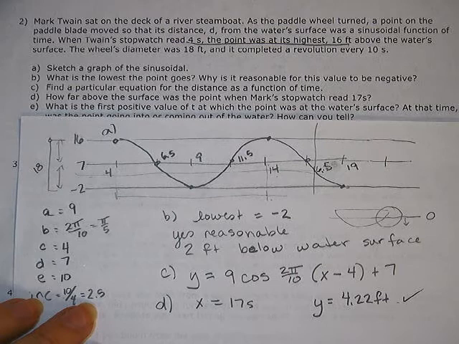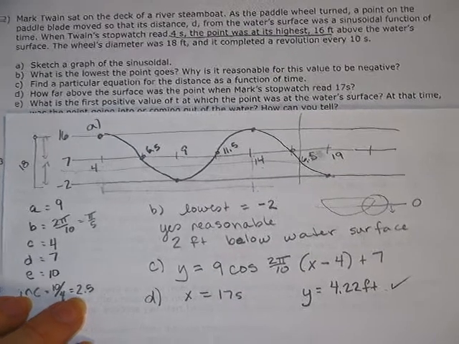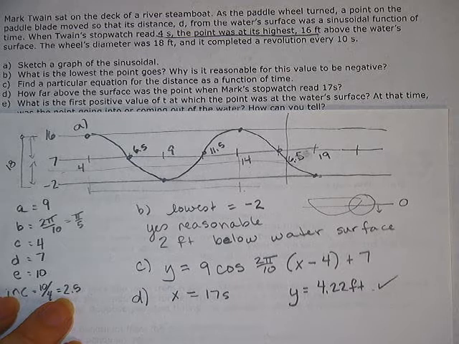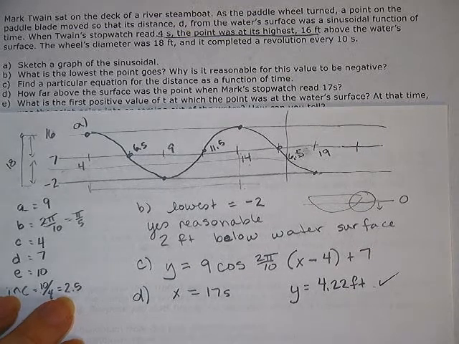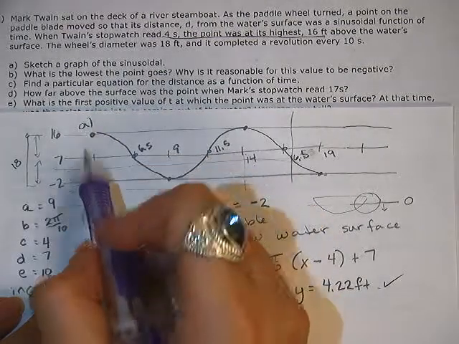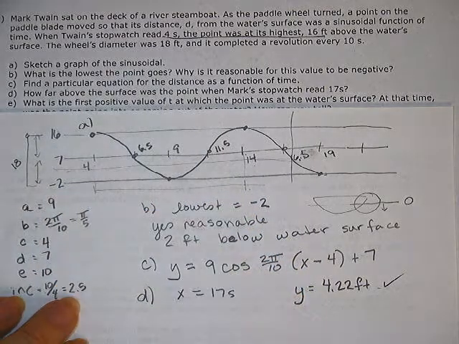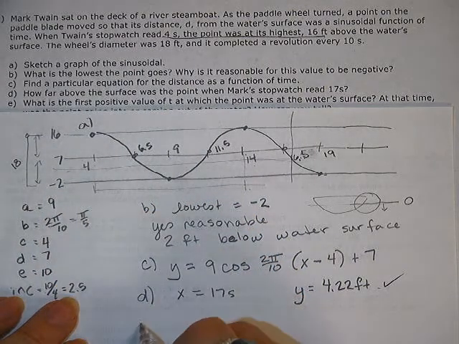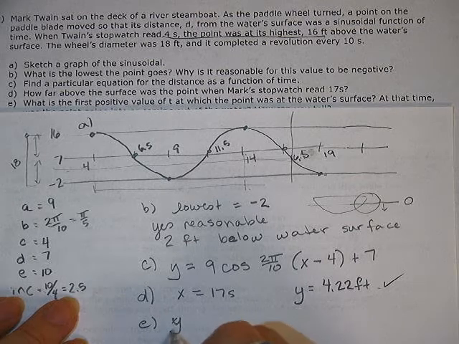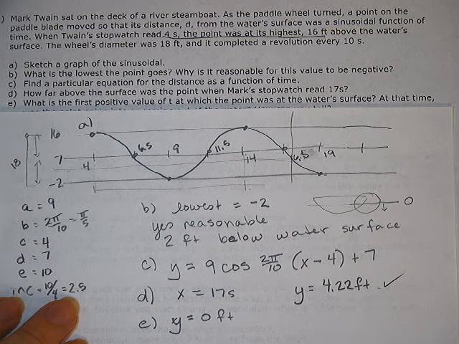Okay, E now says, what is the first positive value where the wheel was at the water surface? So we have to think what level here would be the water surface. That would be where y equals 0 feet. That's the water surface.